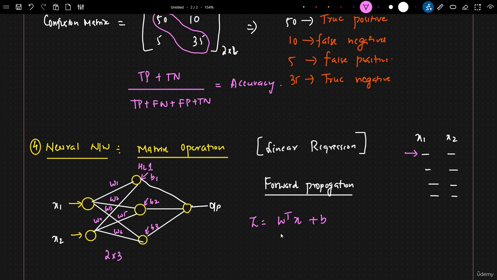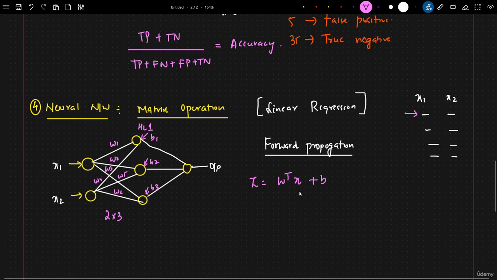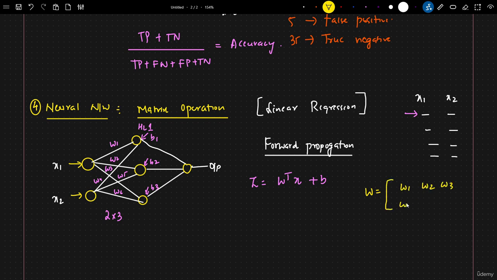Now understand what W transpose and X actually mean. W is a combination of W1, W2, W3, W4, W5, W6, and X is X1 and X2. So we are multiplying this matrix with this.